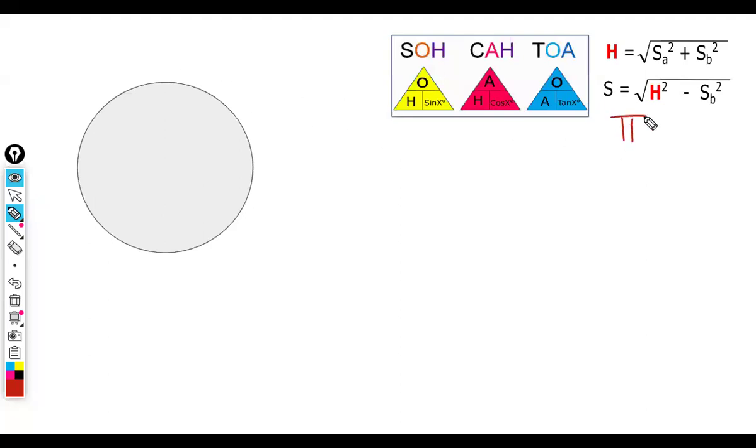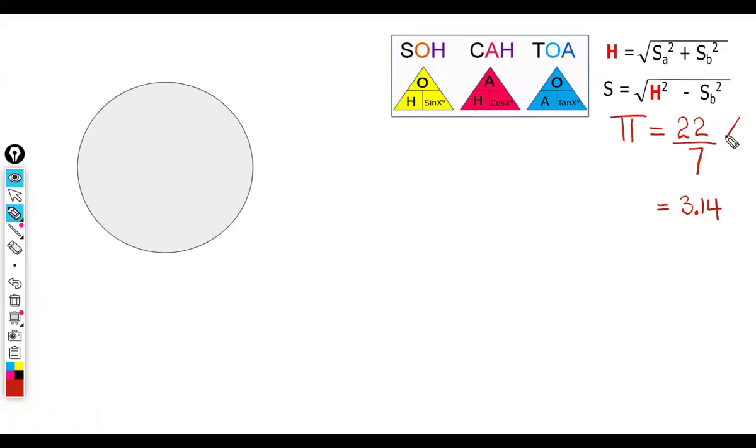Pi. Anybody remembers what the value of pi is? Remember, pi is how much? 22 over 7, okay? Now, also, if you type in 22 over 7 on your calculator, you're going to get roughly 3.14, okay? Tell me something.